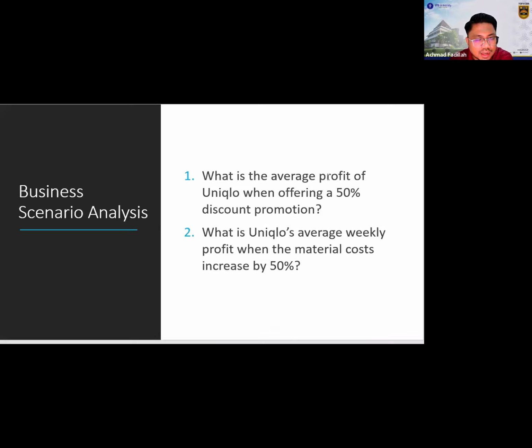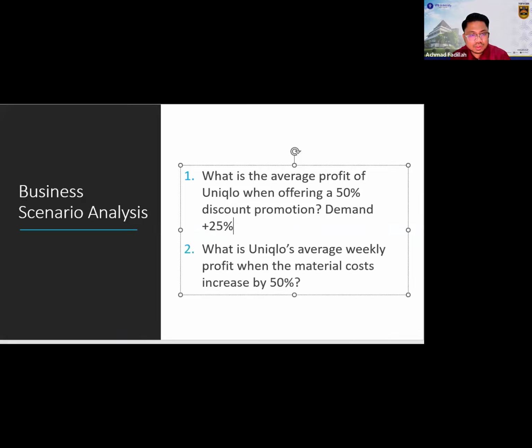What is the average profit of Uniqlo when offering a 50% discount or promotion, but with the demand increasing by 25%?